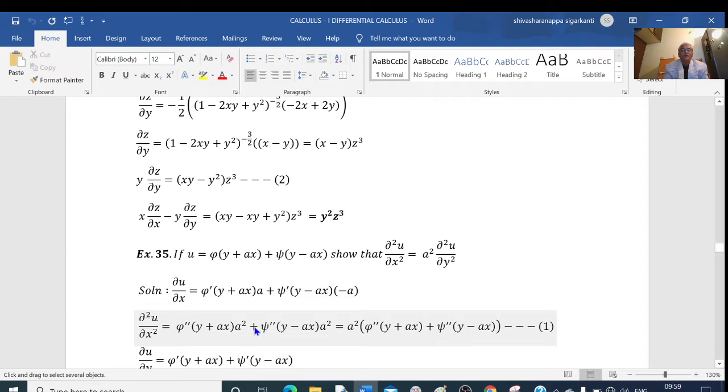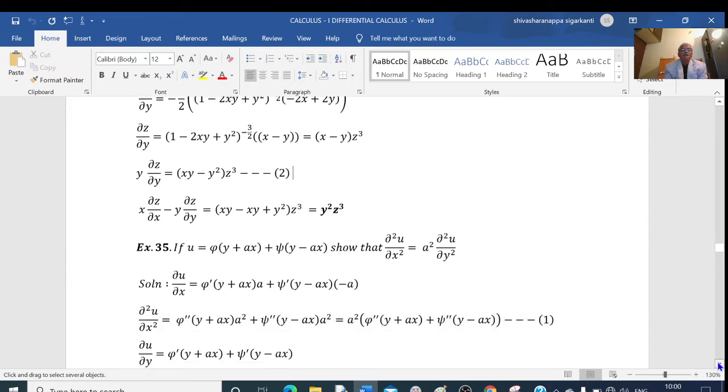This becomes a² plus, differentiating with respect to x partially, psi double dash of y minus ax into the derivative of y minus ax, which is minus a. Already one minus a was there. Minus a into minus a is plus a². So this is equal to a² into phi double dash of y plus ax plus psi double dash of y minus ax. I will take this as 1.